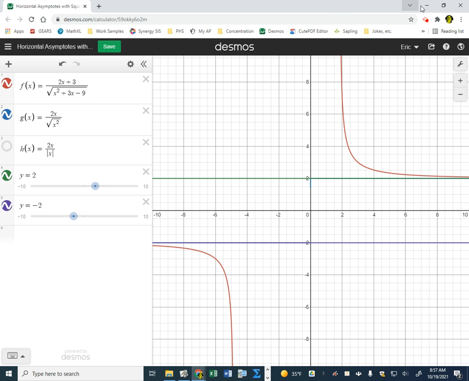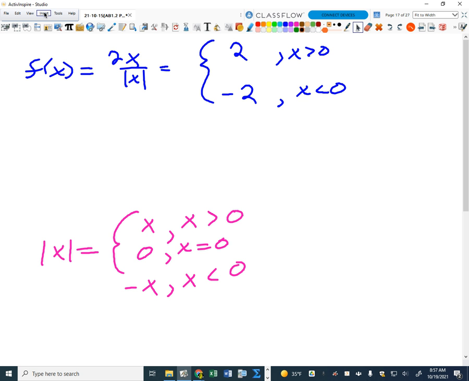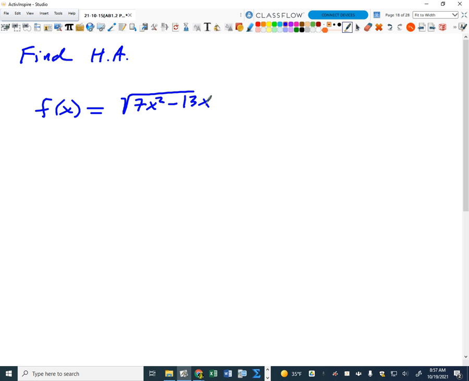Just gonna make one up. Okay, I want to find the horizontal asymptotes for that function.